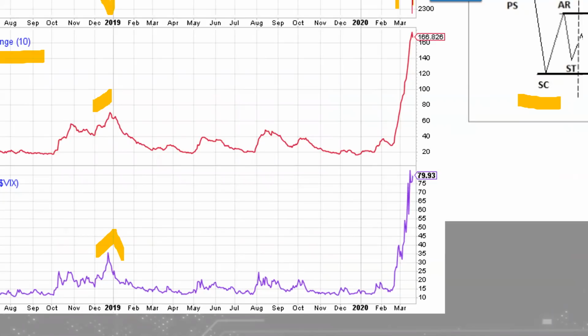We would expect that in a selling climax decline. Same with the VIX. The VIX is becoming more and more steeply inclined and is even becoming more volatile. And this is going to go on right until the conclusion of the selling climax.